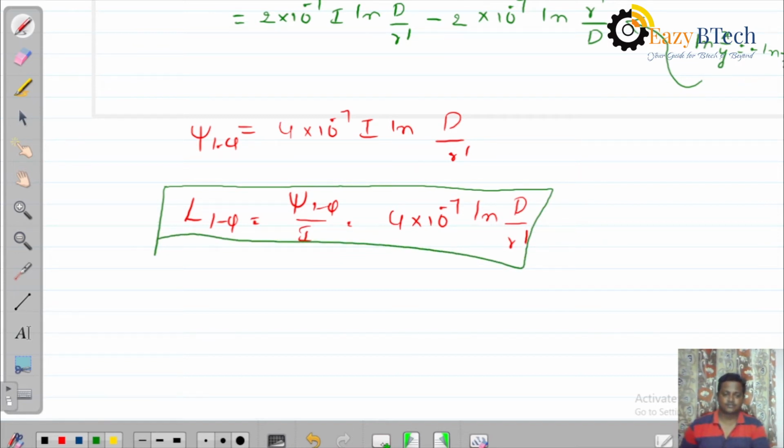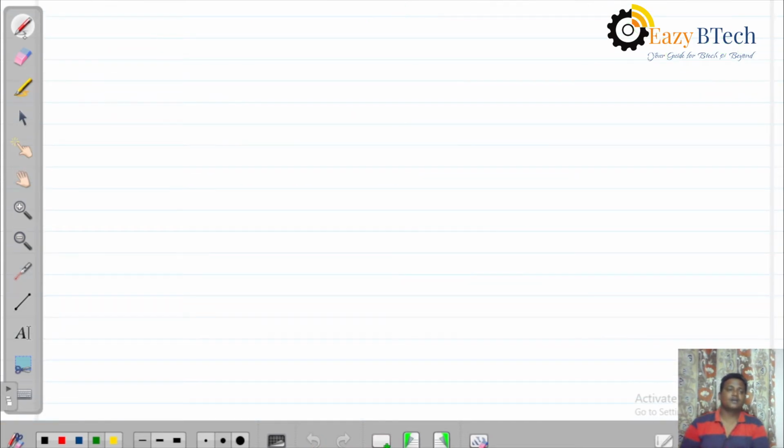Next, here both the conductors, the conductor 1 and conductor 2, both are connected in parallel. Therefore, how much is the total inductance? The L equivalent equals to L, this is L, this is also another L. L into L by L plus L. What you get finally?